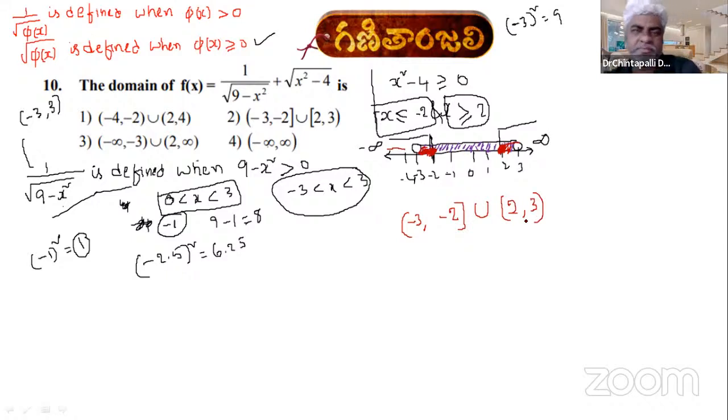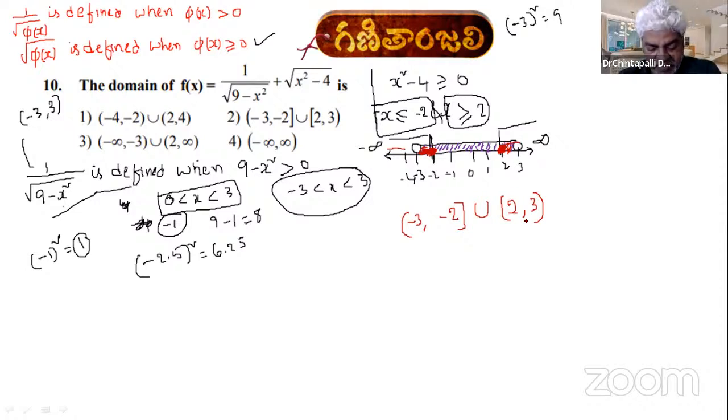Tell the correct option. Negative 3, come on, negative 2. So is it option 2? Very good. Option 2. Mark the correct option.